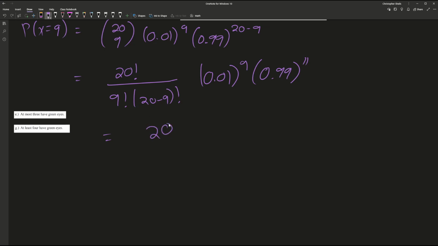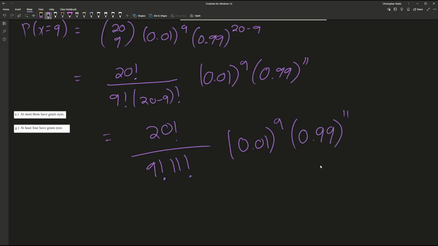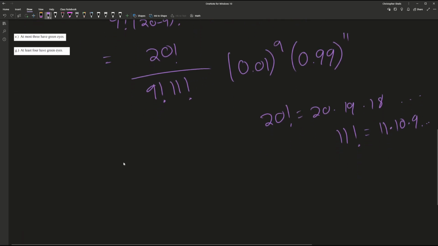This is 20 factorial over 9 factorial times 11 factorial, because 20 minus 9 is 11, times 0.01 to the 9th times 0.99 to the 11th. Now, because 20 factorial is 20 times 19 times 18 and so on, and 11 factorial will be 11 times 10 times 9 all the way down to 1, I can simplify this expression on the left a little bit.